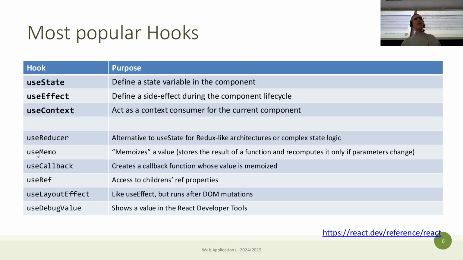The rest is more about optimizing the applications, okay? But these 3 ones, especially the first 2 ones, are the ones which are really important for web application. Without these 2 ones, we cannot write a useful web application, because the first one, the state, we are going to see today, allows us to define the state of the application. So it keeps track of some state variables that we need to have in our application.